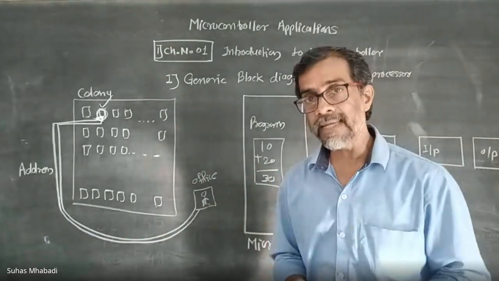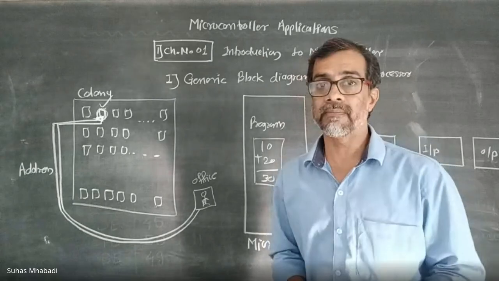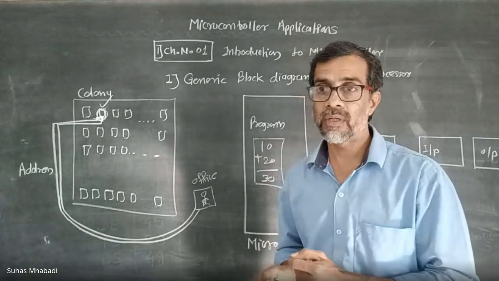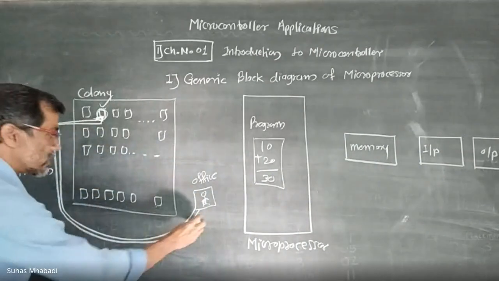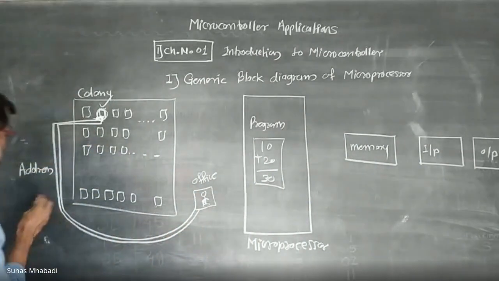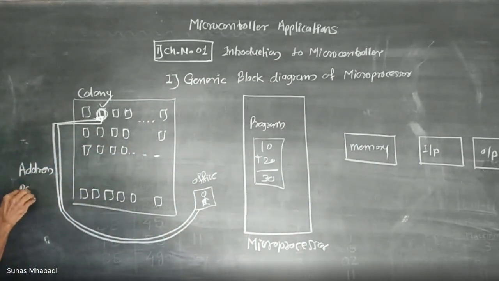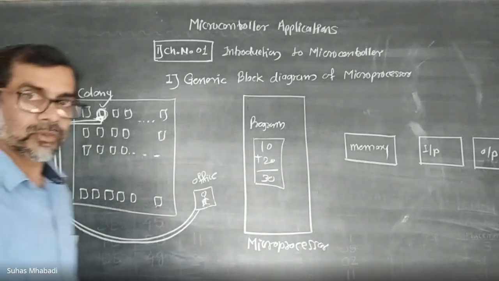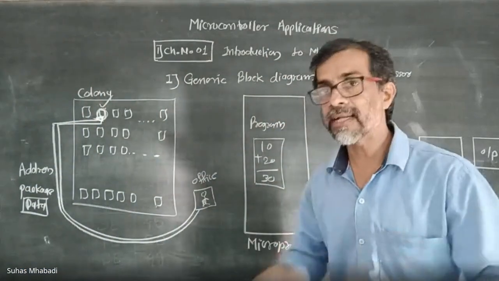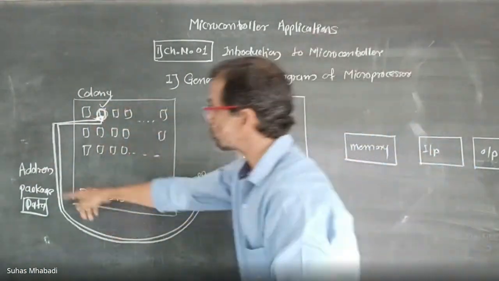So he must carry the package with him while traveling on that road. The package, or we call this data or a box. Along with him, he will carry that box and reach that house.